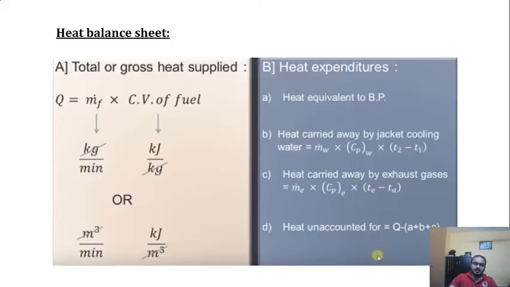Now we will be discussing a more important topic, that is the heat balance sheet.